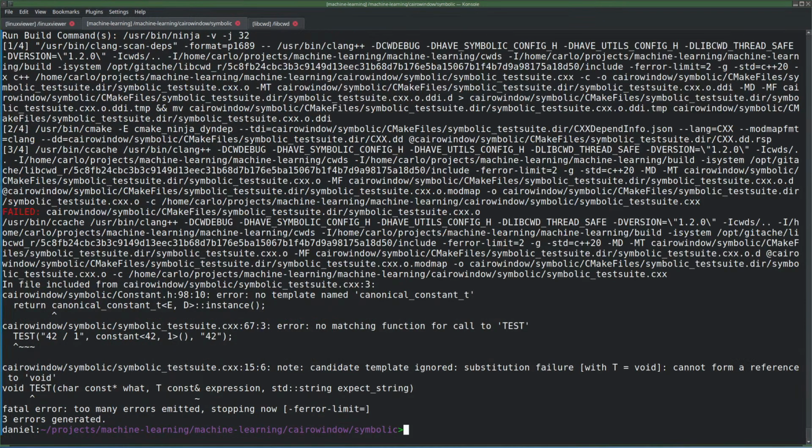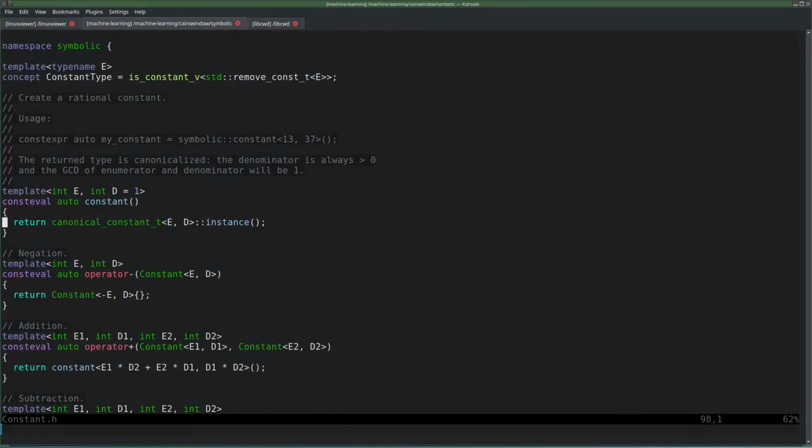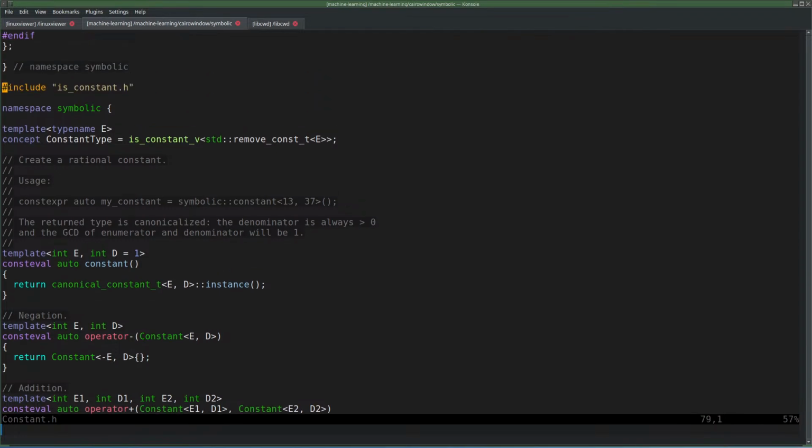I'm wondering if instance is conceivable actually. There's no template named canonical constant T. Yeah, that wasn't included yet. Or was it? Oh, it should have been.